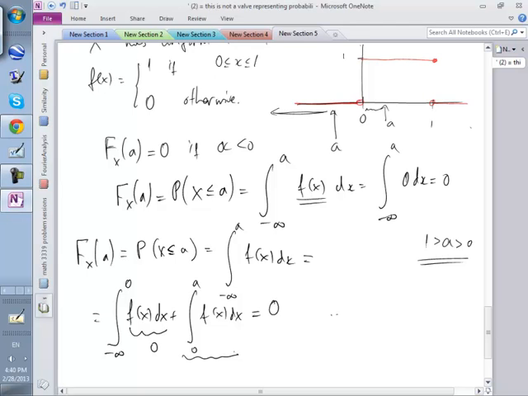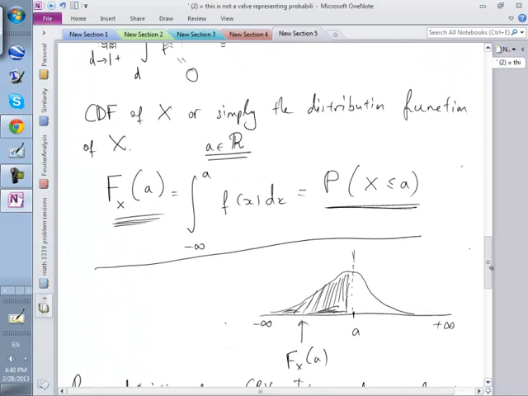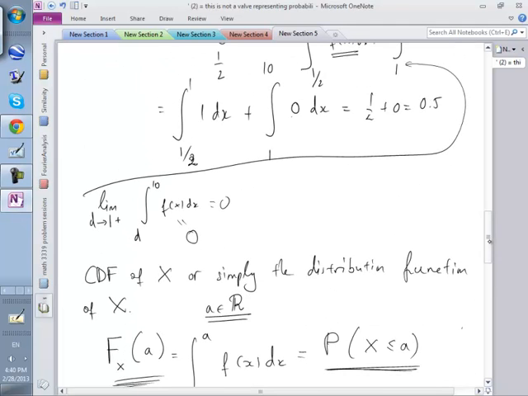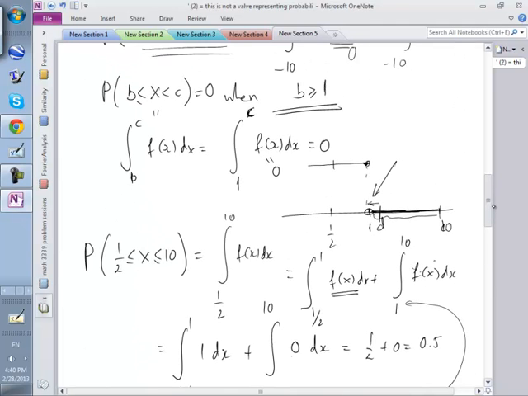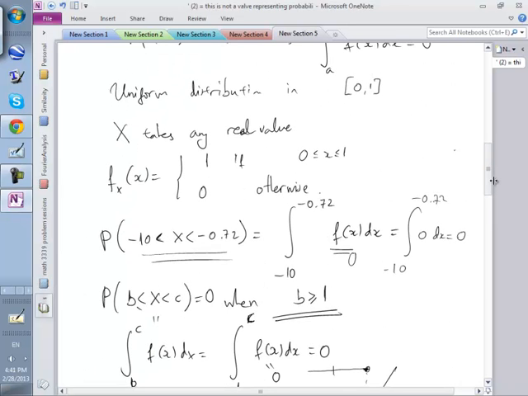What is this part going to be equal to? Here, the density between 0 and 1, or between 0 and a in particular, is going to be equal to 1, because of the definition, we said that x has uniform distribution. So somewhere here we mentioned, here's the formula.